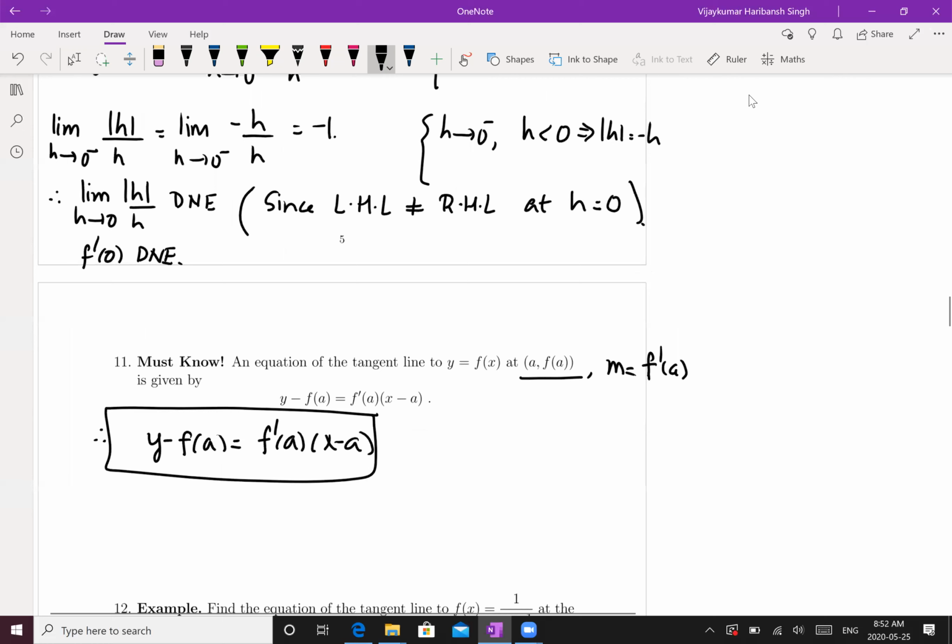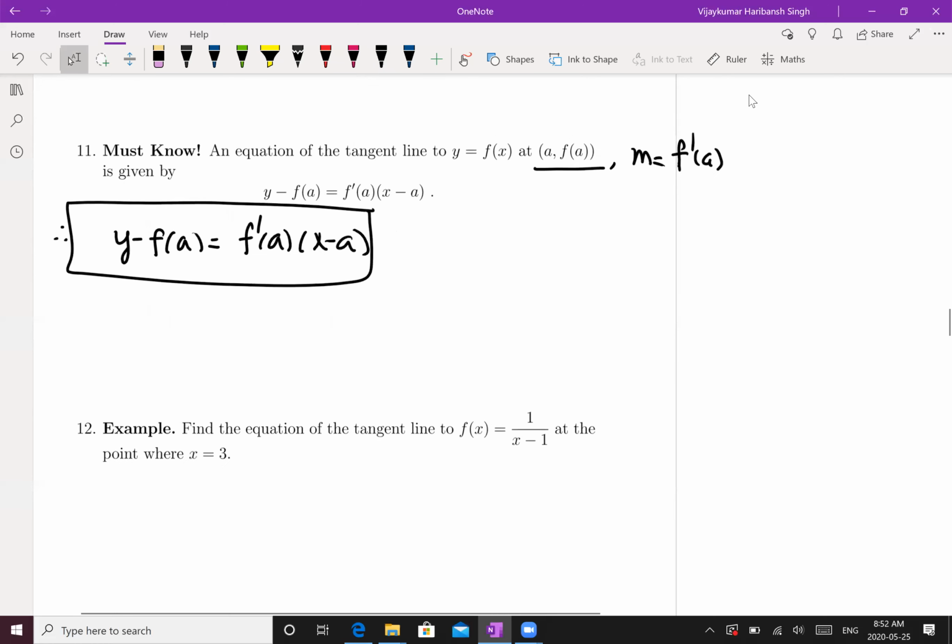All right. Now, can you find the equation of the tangent line to f of x equals 1 upon x minus 1 at x equals 3? So here x is 3. So the point is going to be x comma f of x, right?